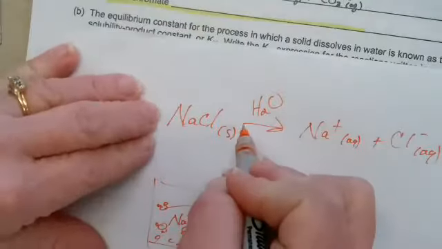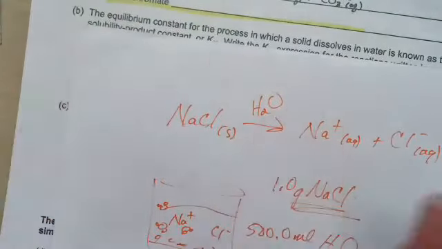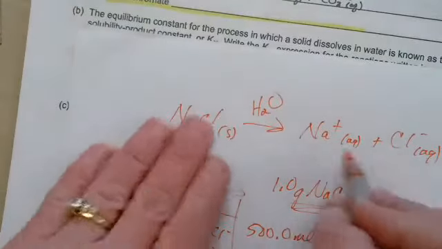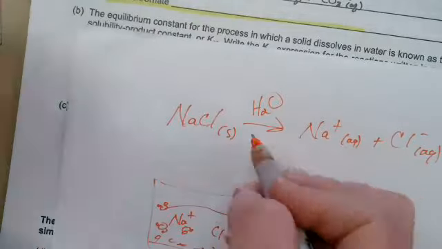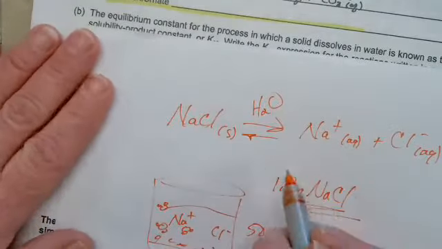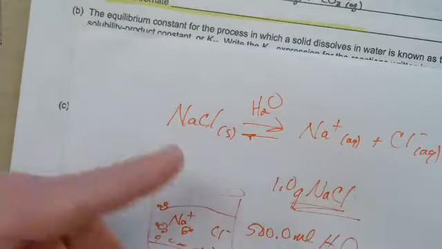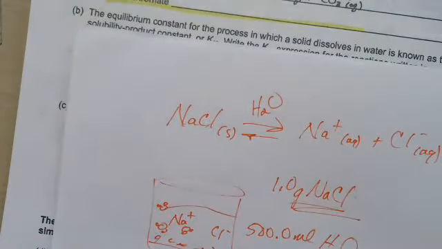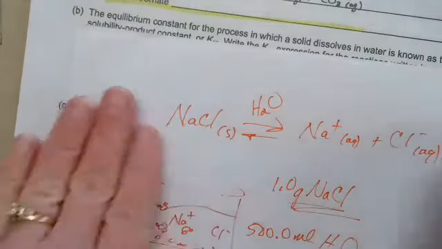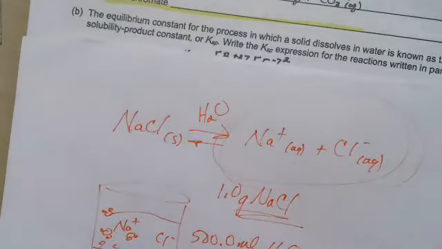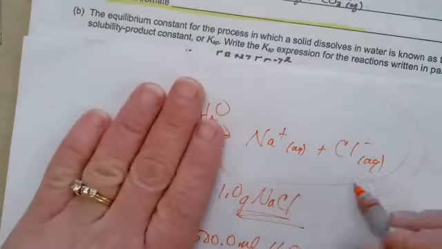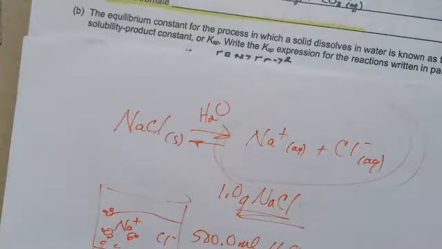Even though we write this as a single arrow, even when saturated, very little are going to be finding each other, but some do. So we could write this as an equilibrium, even though it will be heavily favoring the right, and K will usually be much greater than 1.